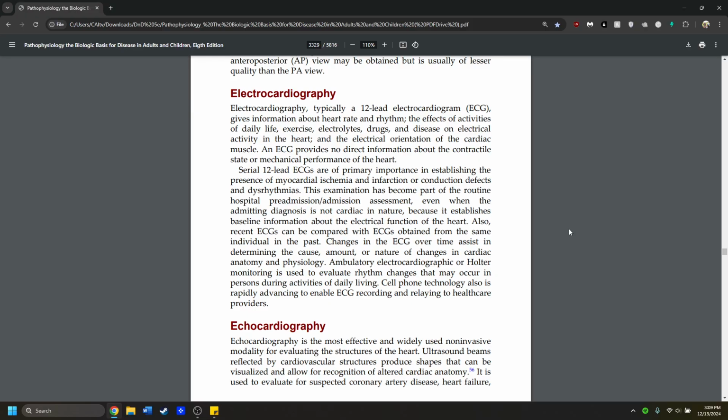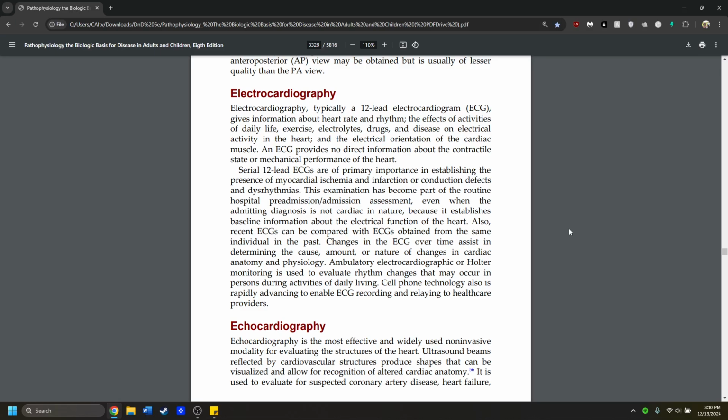Serial 12-lead EKGs are of primary importance in establishing the presence of myocardial ischemia and infarction, conduction defects, and dysrhythmias. This examination has become part of the routine hospital pre-admission or admission assessment, even when the admitting diagnosis is not cardiac in nature, because it establishes baseline information about the electrical function of the heart.